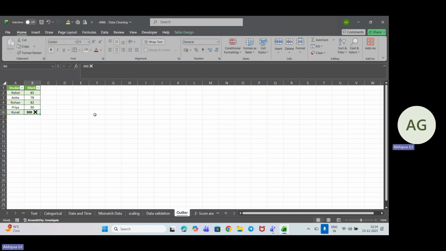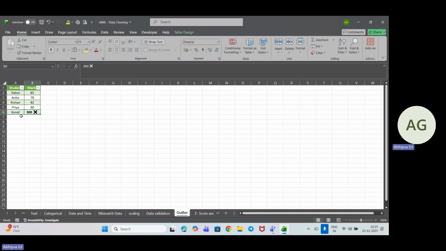So that can be a natural outlier, not an error-based outlier, but this 300 is of course an error outlier because the maximum marks is 100. However intelligent a person can be, the person can't move out of the maximum range limit, right? So this is an error-based outlier that we are getting.